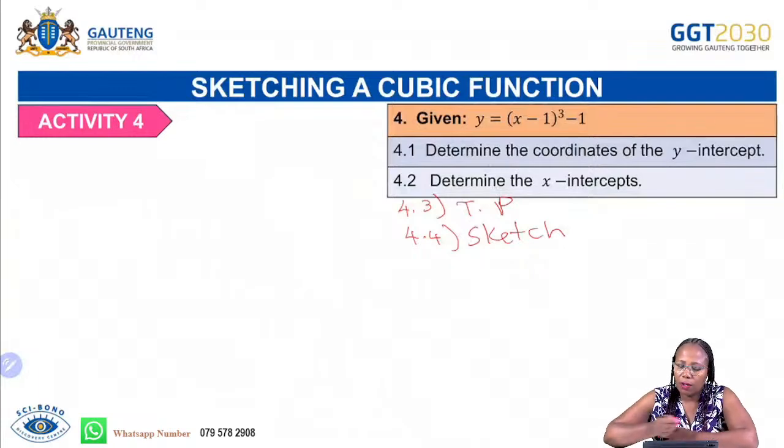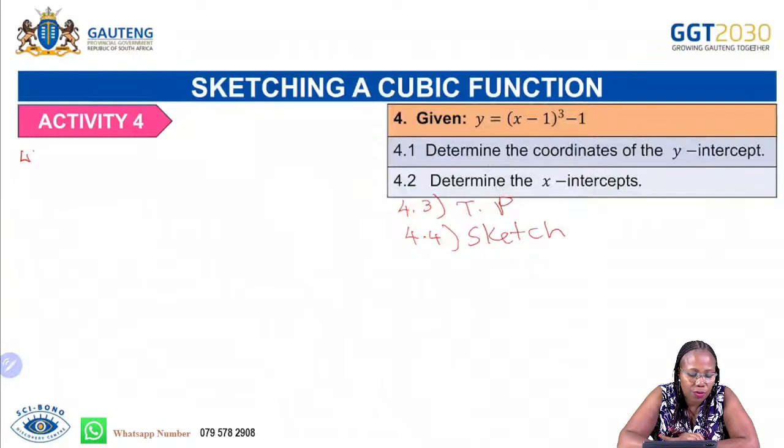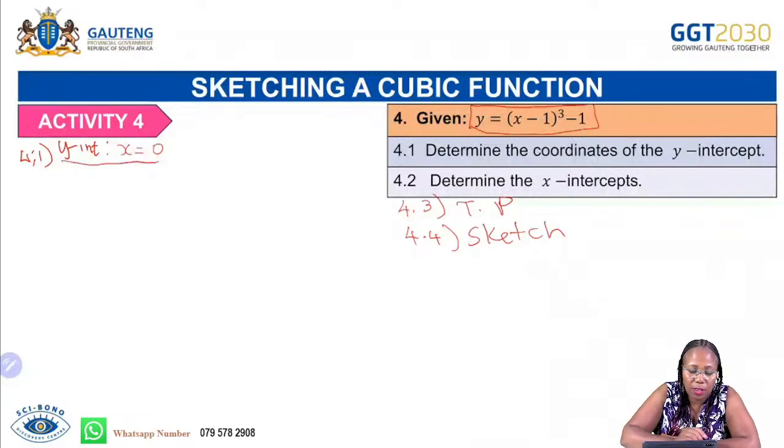Now, the first question here, you need to determine the coordinate of the y-intercept. We know that to find the y-intercept, grade 12, we let x equal to 0. We have our function here, y equals (x minus 1) cubed minus 1.